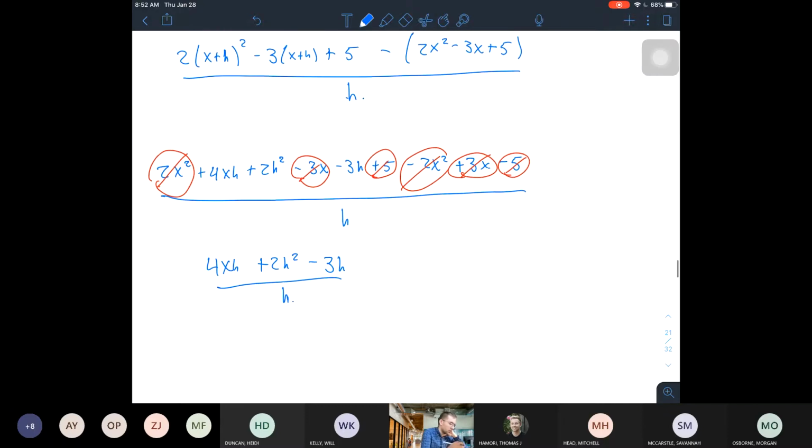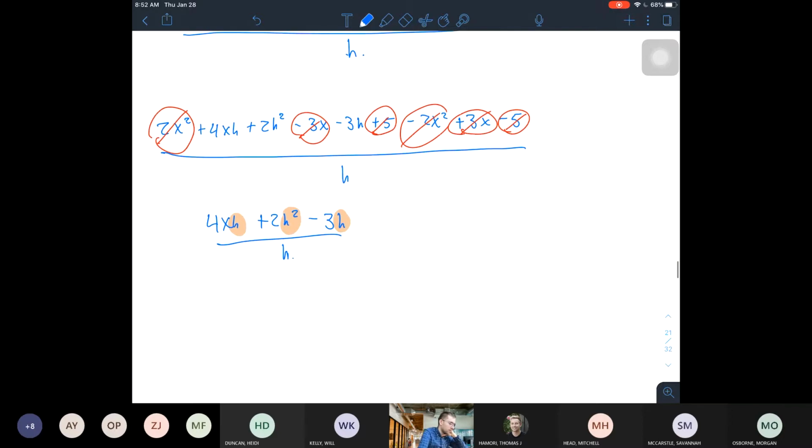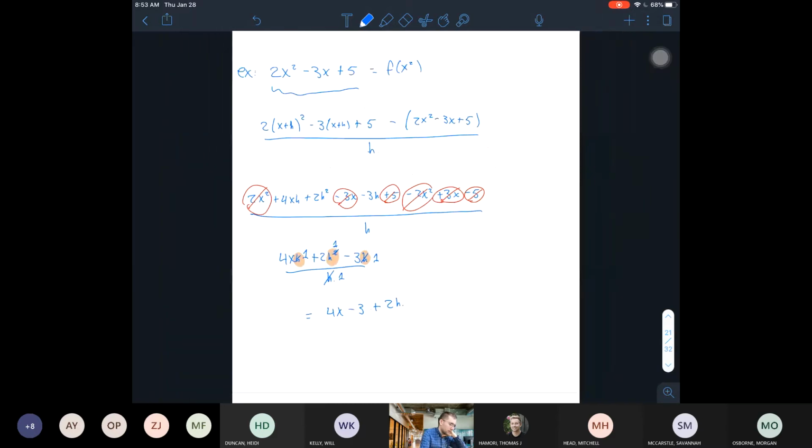And we can see that each term in the top has at least one power of h. So I can cancel on the bottom. This will become a 1. This one will become a 1. This one will become just an h to the power 1. And this one will become a 1. So we will get 4x minus 3 plus 2h. Okay?